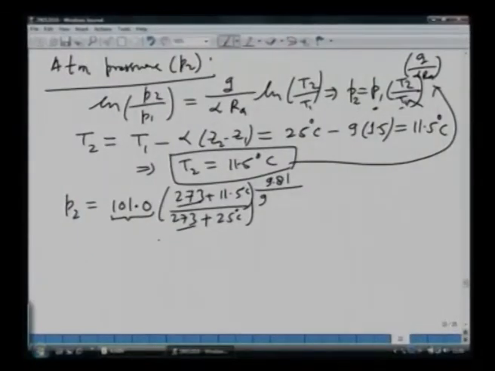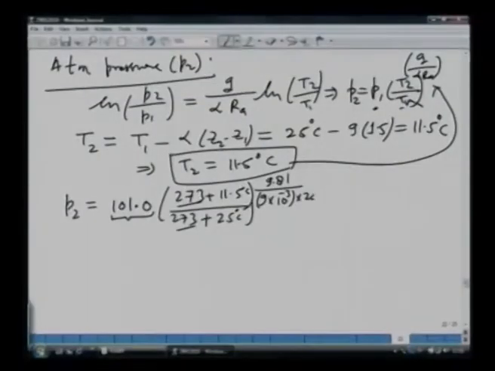It is per kilometer, but this is an equation in the SI units, which will require that your distances are in meters. So, you have 9 into 10 to the power minus 3 as your alpha, which is degrees centigrade per meter. And then you have 287 as your RA in SI units.